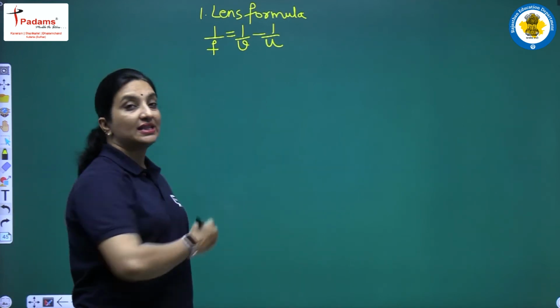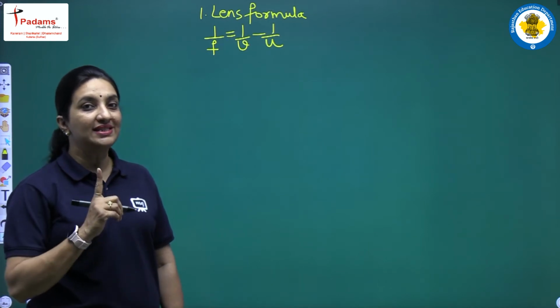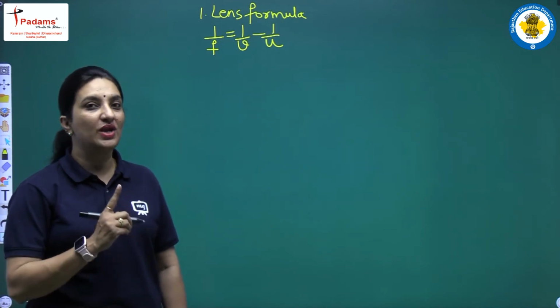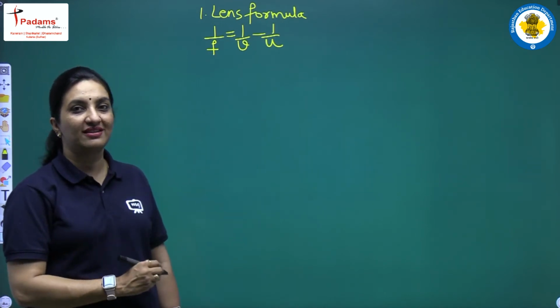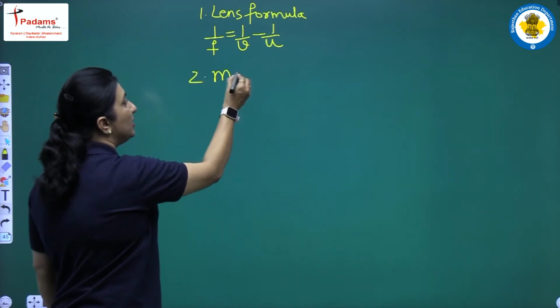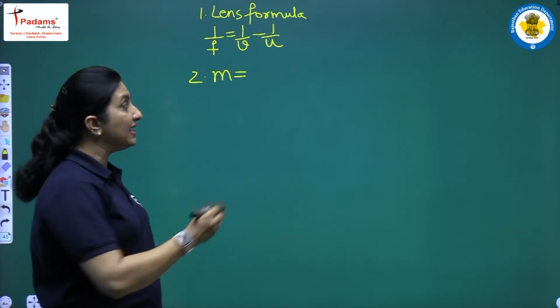Then u is the distance of the object from the lens. Students, mind this that here we have a negative sign and in case of spherical mirrors we had a positive sign over here.